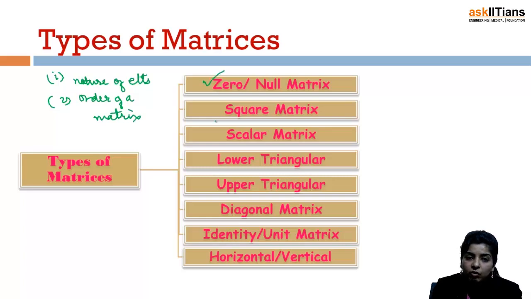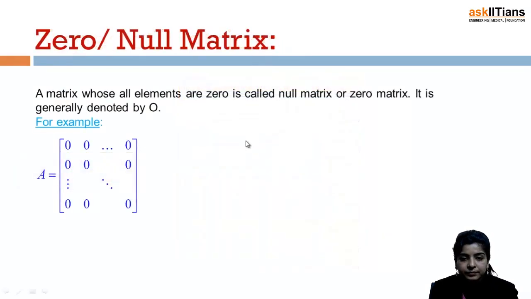First of all, we have zero or null matrix, then square matrix, scalar matrix, lower or upper triangular, which together can be termed as triangular matrices. This is an important type of matrix. Then we have diagonal matrix, identity matrix, and horizontal or vertical matrices.